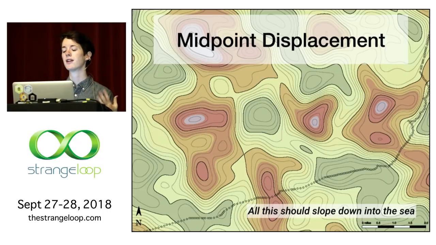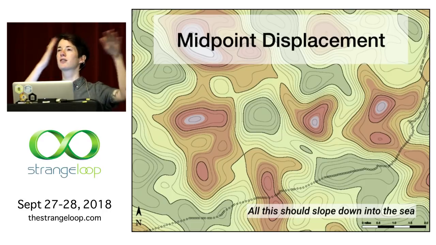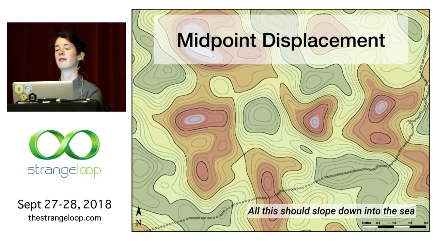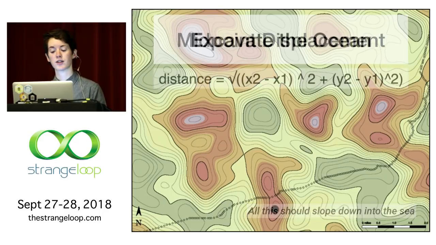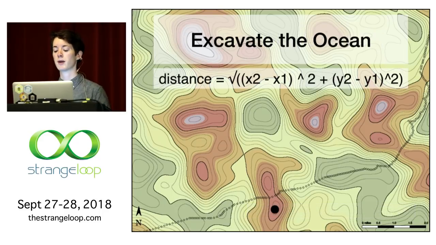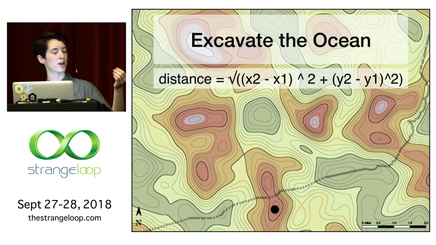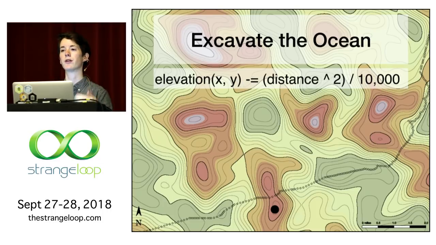And so instead of the regular hills, we want this to all slope down into the seabed. And I'm going to set the water level, the sea level, to 0, and everything below 0 will be underwater. So this is pretty simple. I just calculate the distance from any point that's within our new ocean area to the coastline, and then I decrease the elevation of that point proportionally to the distance.